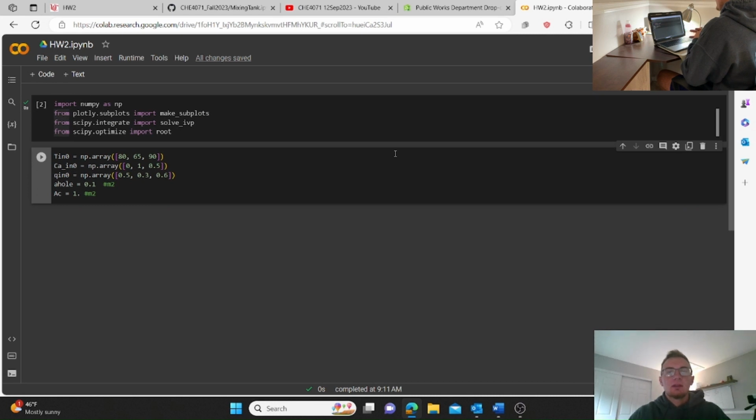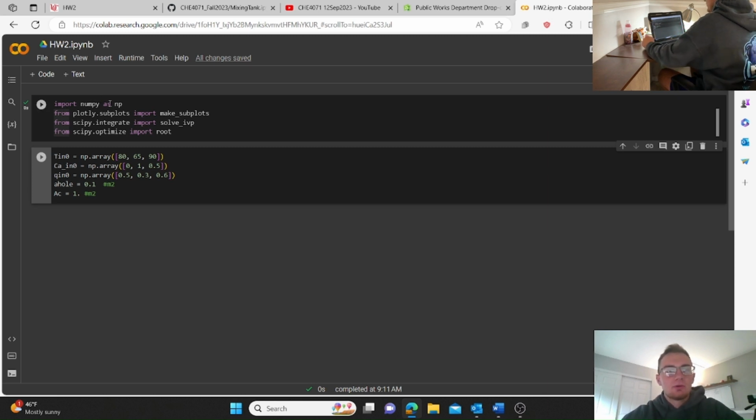Okay, so I've gone ahead and imported some of the parameters that we will need to solve this problem. Again, we have 3 differential equations that we want to solve to determine the height, the concentration of A, and the temperature in the tank after a very long time.